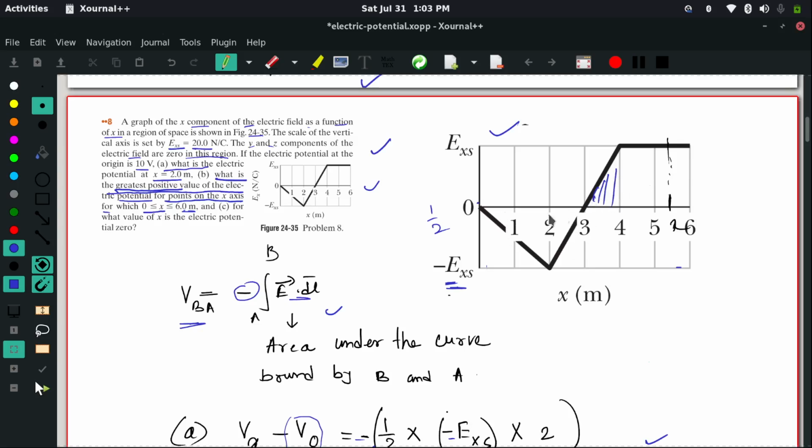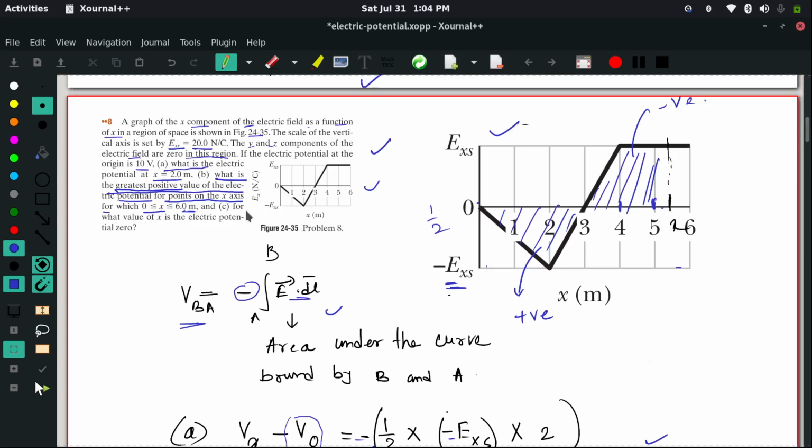So as you go along this x-axis, at a certain point this whole positive potential will be cancelled at some x by this negative potential.